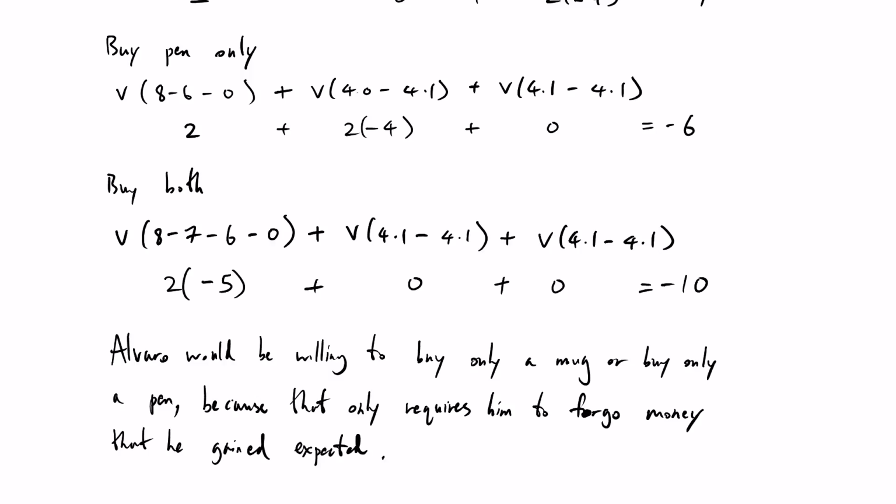He is only spending the $8 that he didn't expect to get. But if he buys both, then he's going to spend money from his own pocket that he didn't expect to spend.